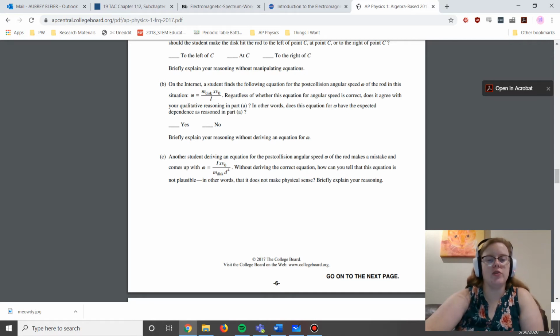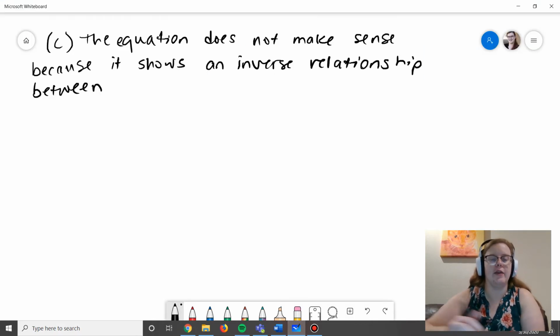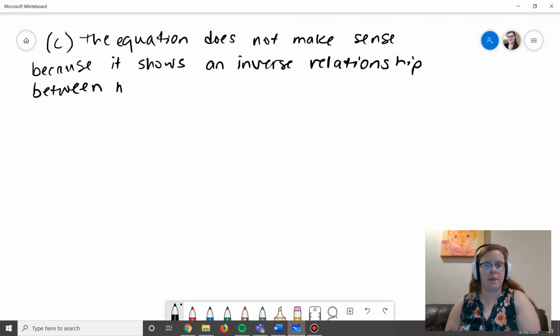So we have an inverse relationship between mass and angular speed here. And kind of intuitively speaking, that doesn't make sense.